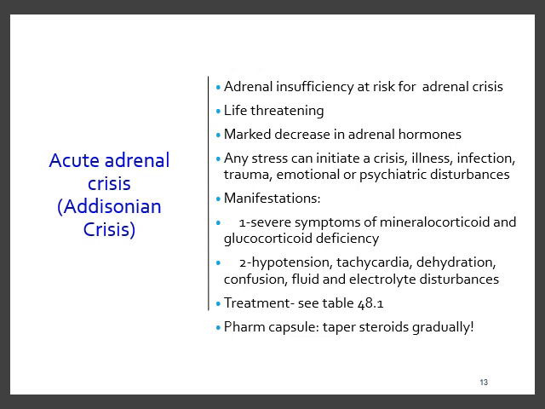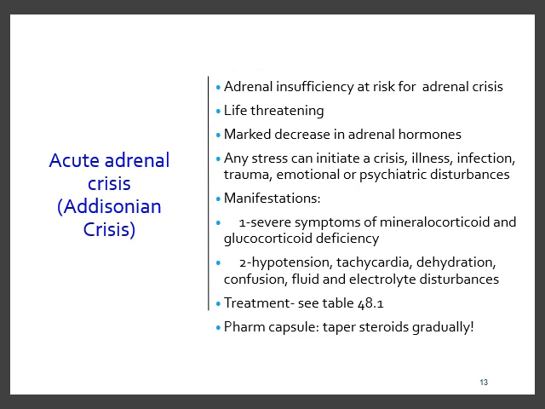Any stressor, important to remember, any factor that causes stress can initiate a crisis, such as an illness, infection, trauma, emotional or psychiatric disturbances. All of these overstress the body, and the body doesn't have the strength of steroids to protect it.